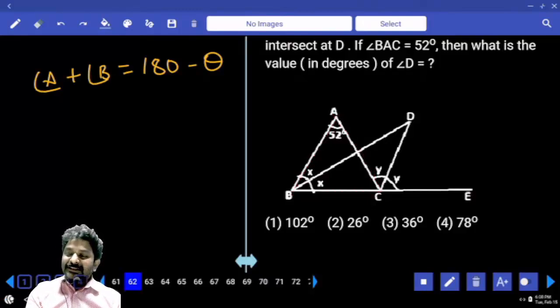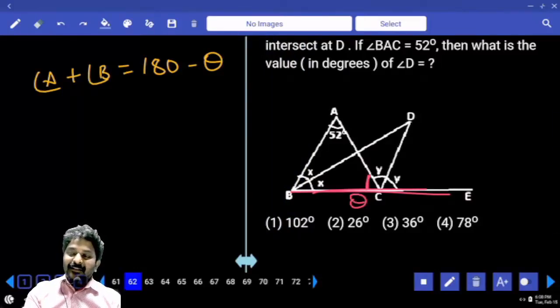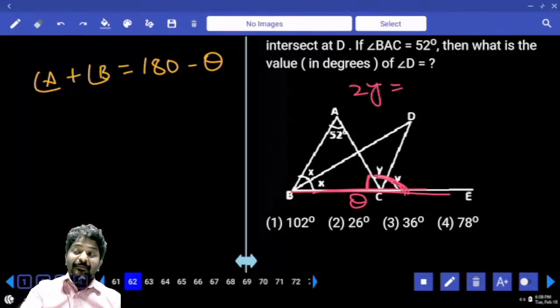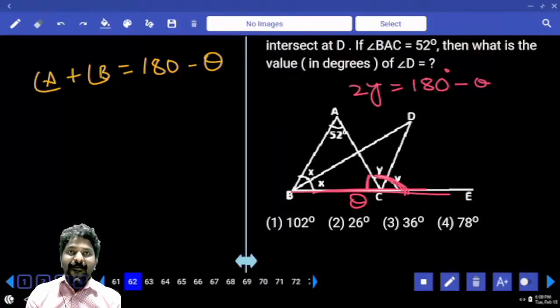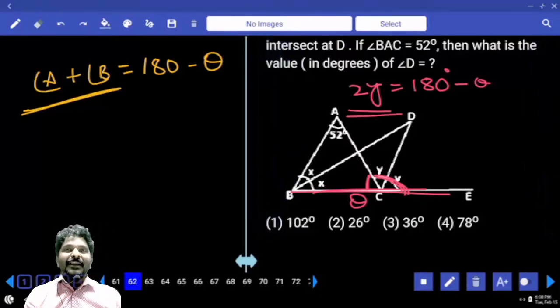Next. This is a straight line. We already considered angle at C is equal to theta. Then the other side of the angle, that is y plus y, which is 2y, must be equal to 180 degrees minus theta, right? So now from this, angle at A plus angle at B must be equal to 2y only.